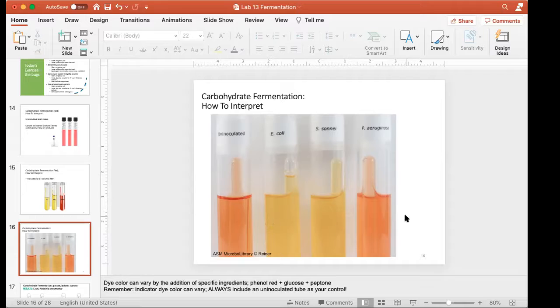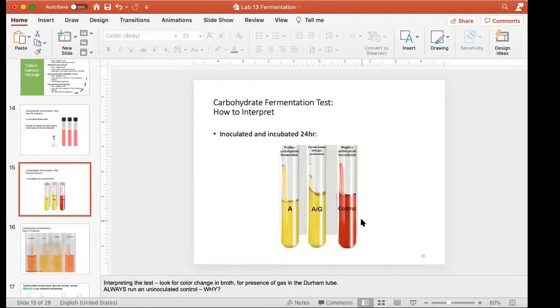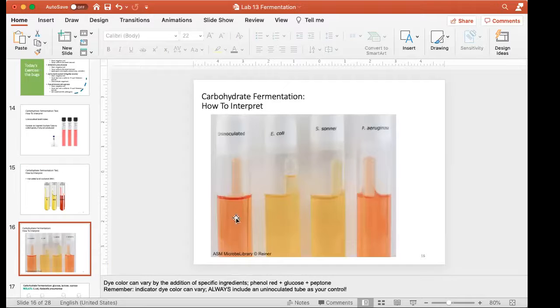And then we've got 3 different organisms in these other 3 tubes. Now, part of the reason I chose this picture to show you is because I want you to notice how different the control tube looks, the uninoculated tube looks, compared to this picture. This is commercially made medium, and this is the medium that was made in this laboratory by hand, sort of custom made.